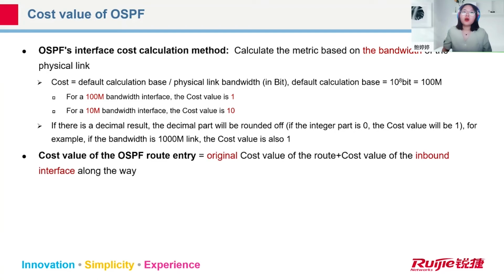We have two solutions. One, we can directly change the default calculation base 100 Mbps to become bigger. For example, to become 1000. So the result of 100 M will become 10, but for 1000 M, the resulting cost value will become 1. So we will select the 1000 Mbps.